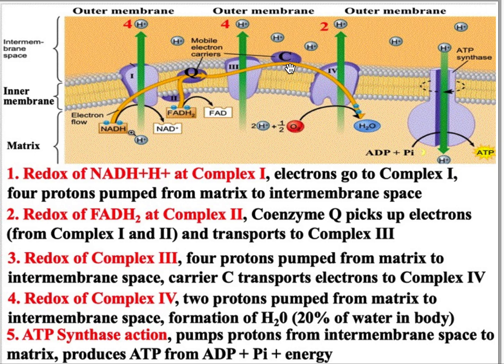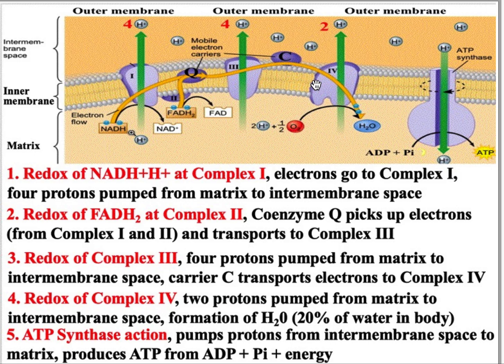Those electrons will then be collected by cytochrome C and carried to complex 4, and as a result the energy will help protons migrate from the mitochondrial matrix to the intermembrane space.